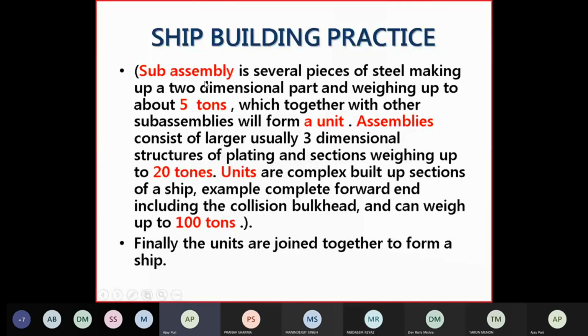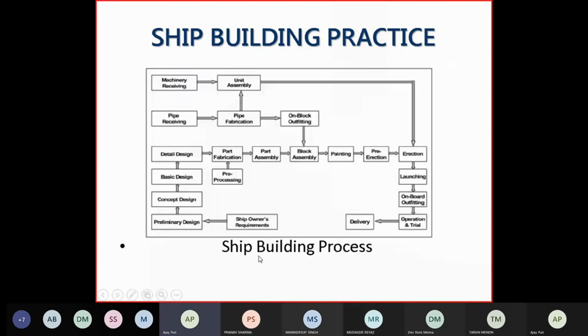These sub-assemblies will be joined to form an assembly, which is about 20 tons and 3D in shape. These assemblies are joined to form units, which are complex shapes. An example of a unit can be the collision bulkhead, which can weigh over 100 tons. Then units are joined to form your ships.